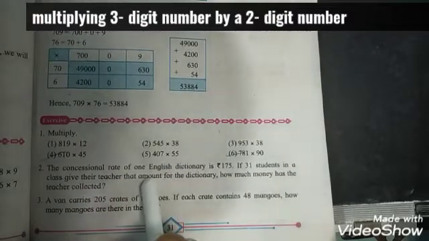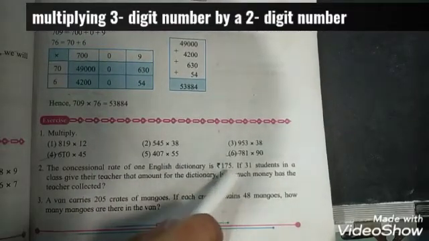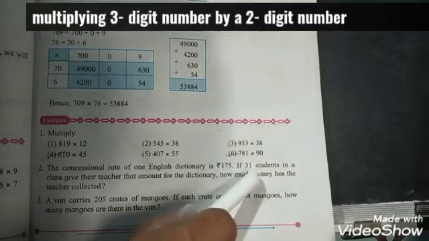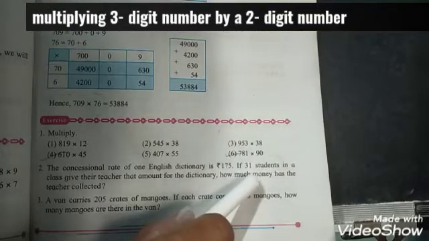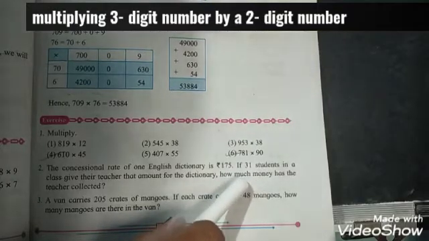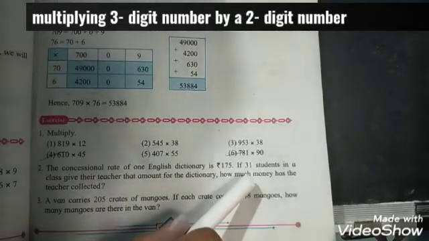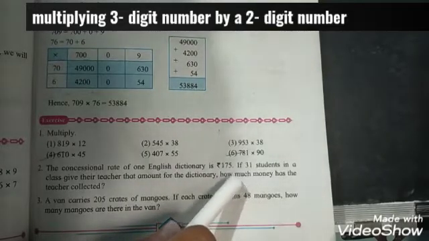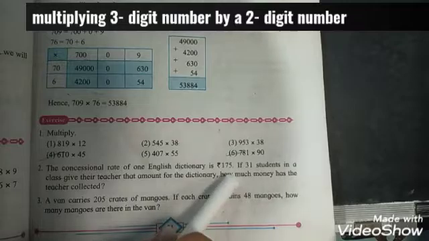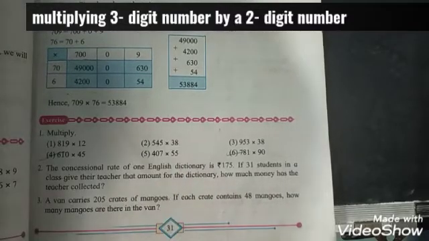See, for one dictionary 175 rupees. Now 31 students have given the rupees to the teacher. So how much money has the teacher collected? What to do? Here we have to do multiplication. 175 multiplied by 31.